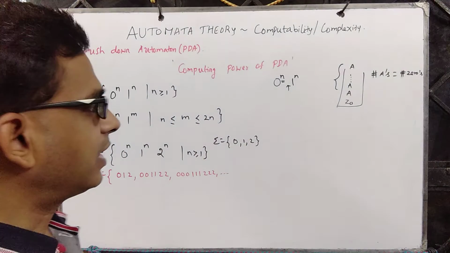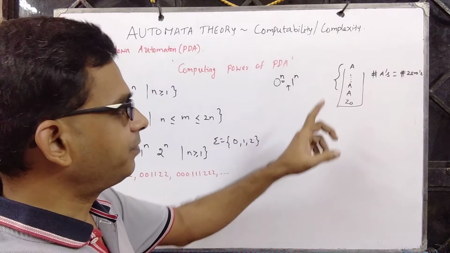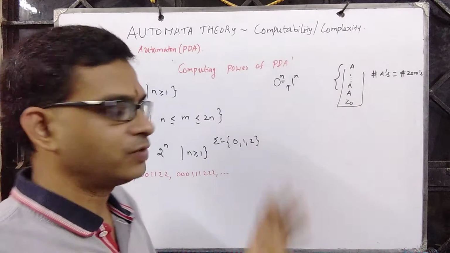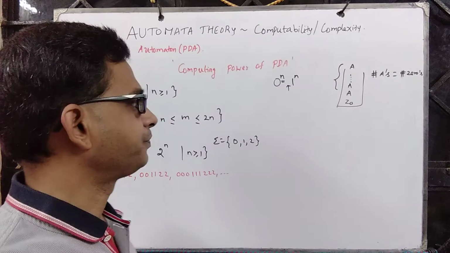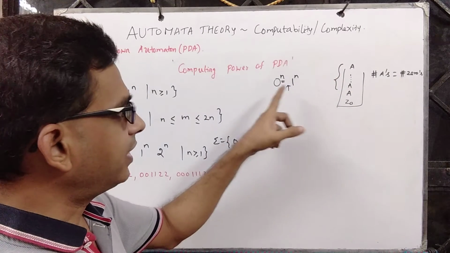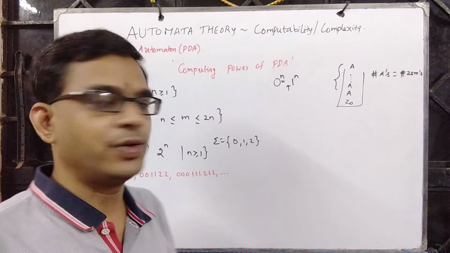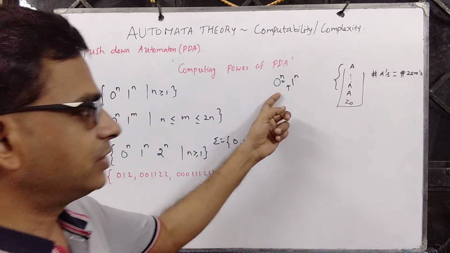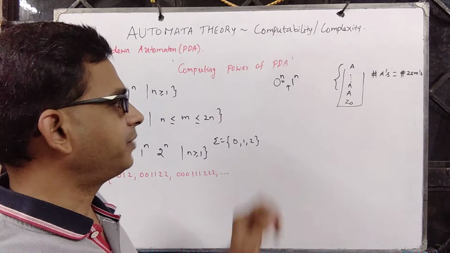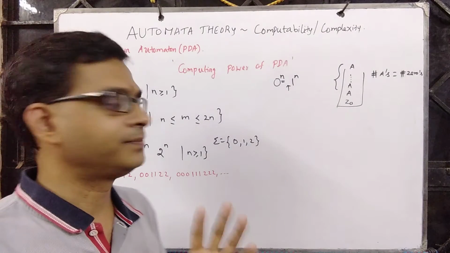Now when you start reading 1, we start performing pop. At the end we reach Z0, and we say the number of zeros and ones are one and the same. So through this A, we remember the number of zeros, although we don't explicitly store that there are 20 zeros or 100 zeros in the input. We indirectly remember the number of zeros using this stack.